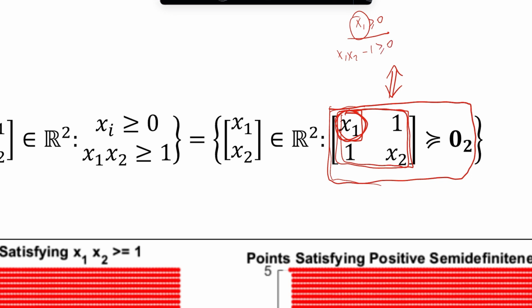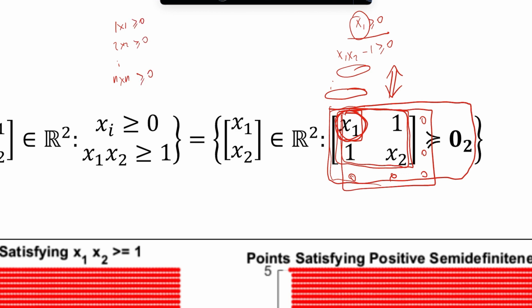And for example, if that was 3 by 3, we would also look at the 3 by 3 determinants, right? And if that was n by n, then we would look at the 1 by 1 determinant, the 2 by 2 determinant, up to the n by n determinant, and they must all be positive, right? Something like this. Okay.